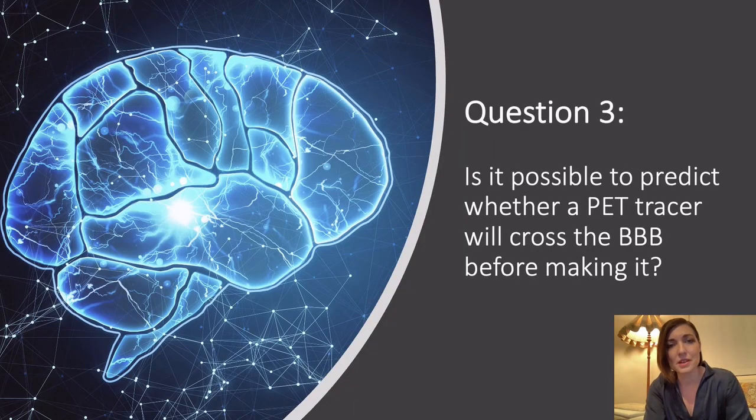Okay, in the last 10 minutes or so, I'm going to be sharing about something that has been really intriguing me for quite some time now, and motivating me to think about different solutions, and that's the issue of getting small molecule radiotracers across the blood-brain barrier.